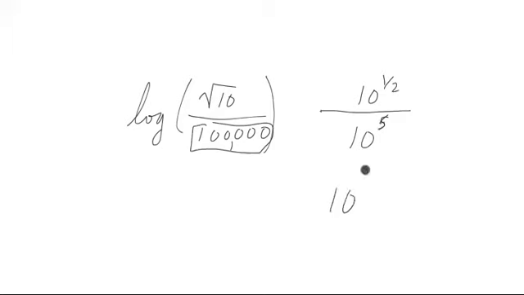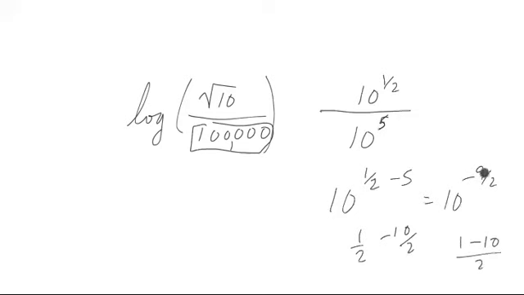We subtract: 10 to the 1/2 minus 5. That would just simply be -9/2, because we can think about minus 5 as being minus 10 over 2. So 1/2 minus 10 over 2 is just 1 minus 10 over 2, which would be -9/2. So that means that this logarithm right here is equal to -9 over 2.